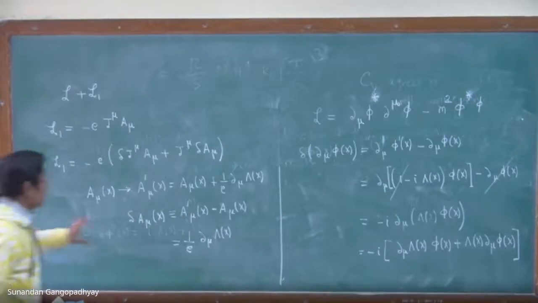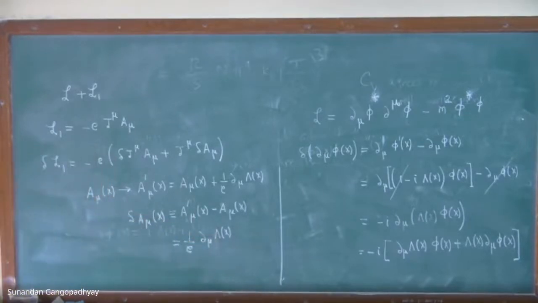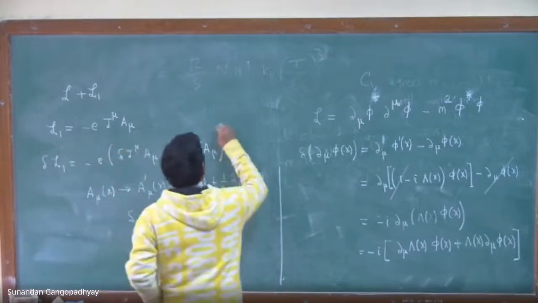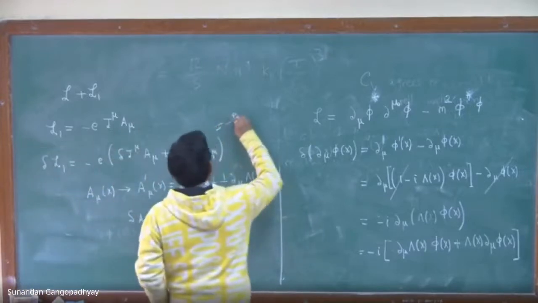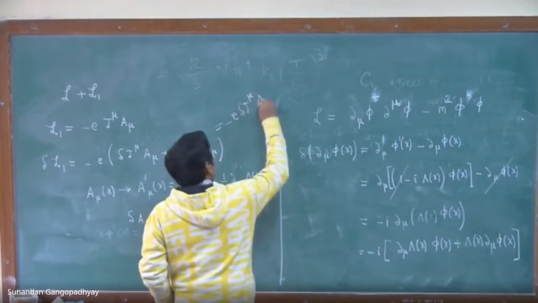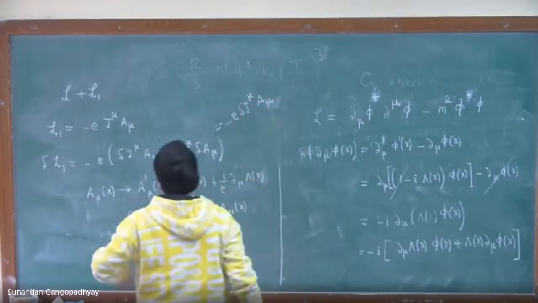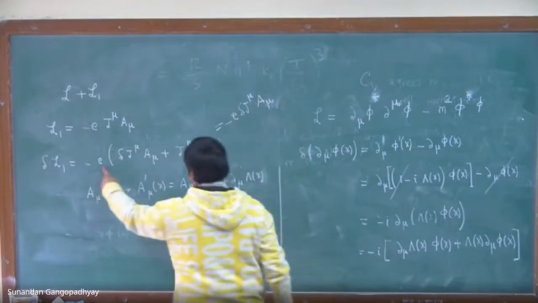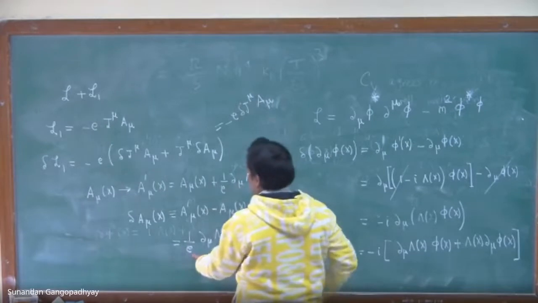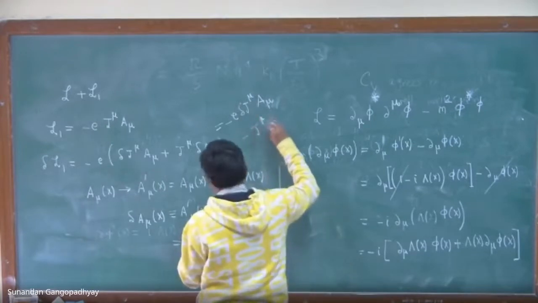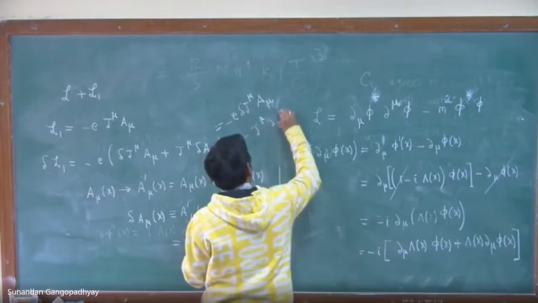So if this is the transformation property of this new field A mu, we just substitute it back over here. So this will become minus e delta J mu A mu minus e J mu delta A mu. So you can see from this term that minus e and 1 by e will cancel, and what we will get is minus J mu del mu lambda of x.